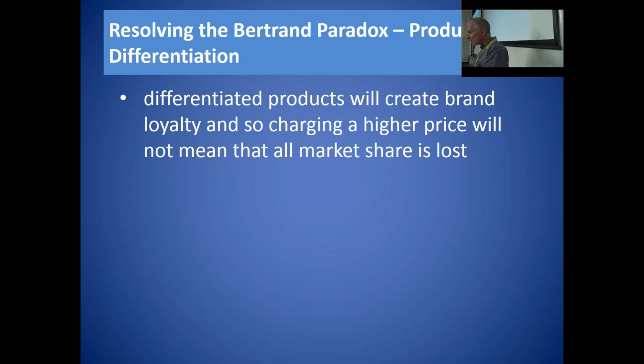Conversely, firms know if they charge a higher price than their rival, they will lose all of their customers. However, if there's product differentiation, that last part isn't true. When firms are deciding what price to charge, they know that there's an opportunity to charge a higher price than their rival and not lose all of their customers.